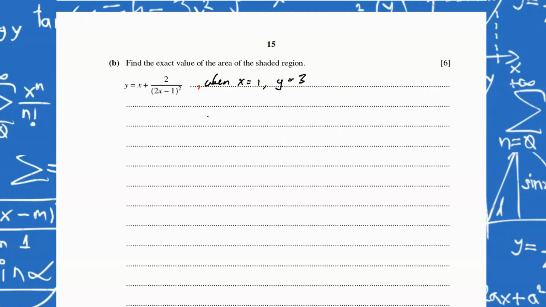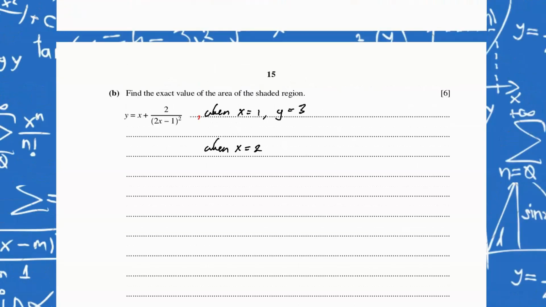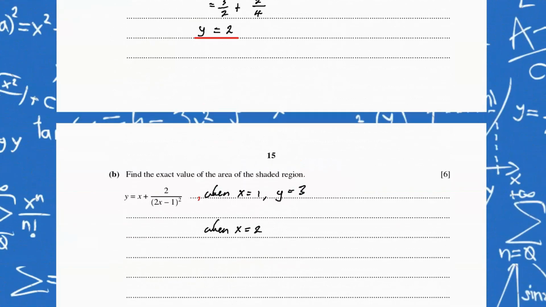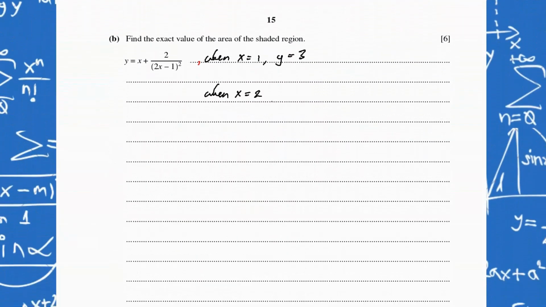Alright, and when x equals 2, that should be the other point. Here x is 2, so this will be 2 plus 2 over (2 times 2 minus 1) squared.